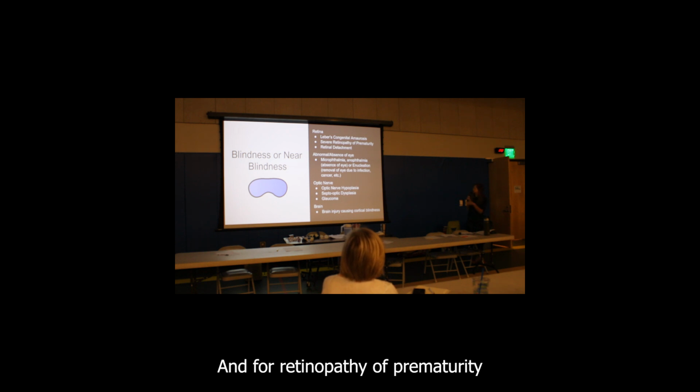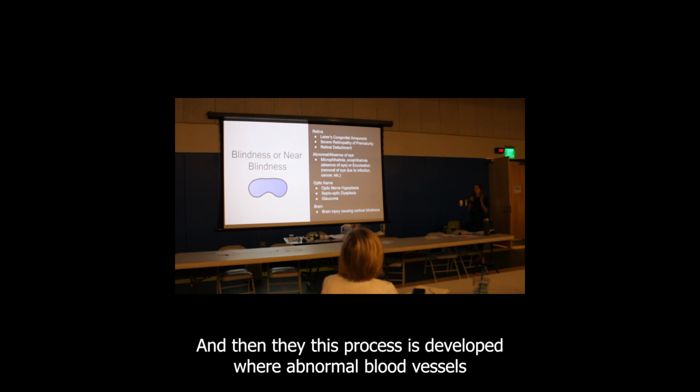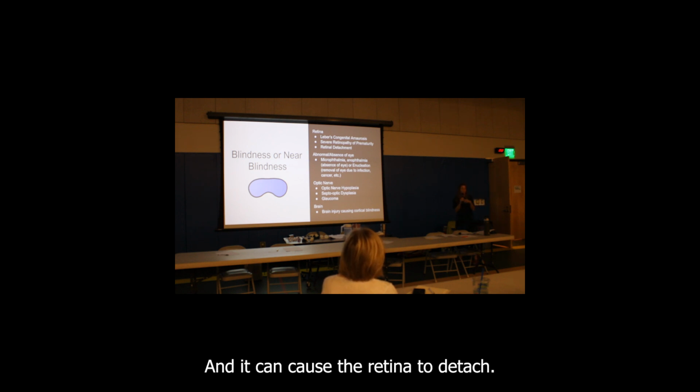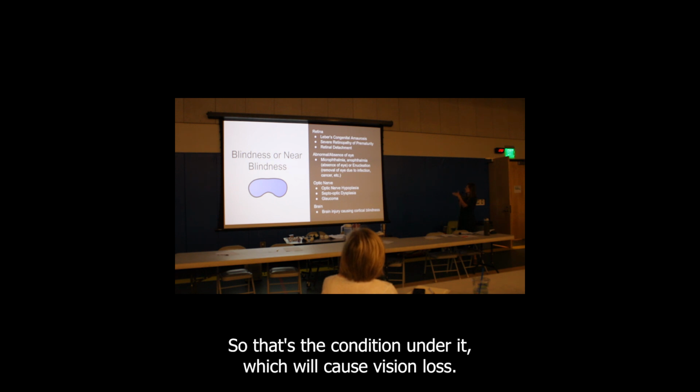And for retinopathy of prematurity, the eyes are impacted in their development, and then this process is developed where abnormal blood vessels are developing in the tissue behind the retina, and it can cause the retina to detach. So that's the condition underneath, which would cause a vision loss.